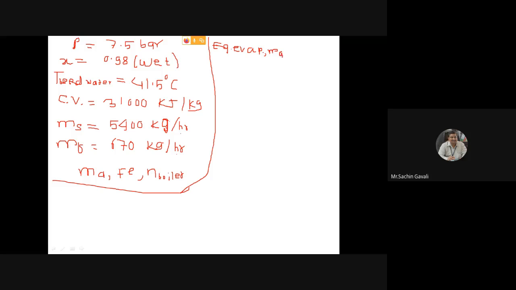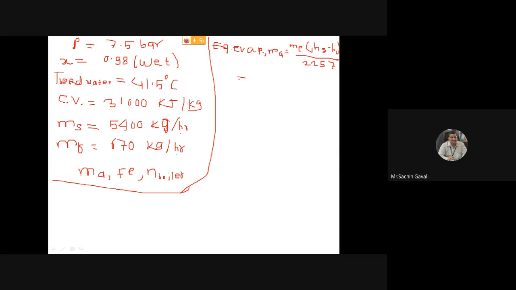Equivalent evaporation, ME is equal to MS into bracket HS minus HW divided by 2257. Who will tell the formula?